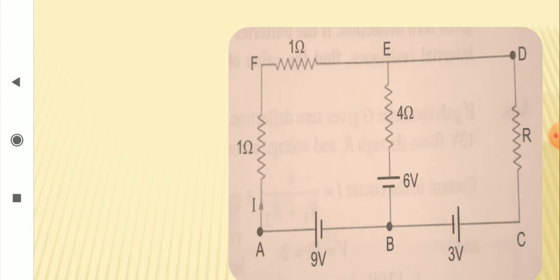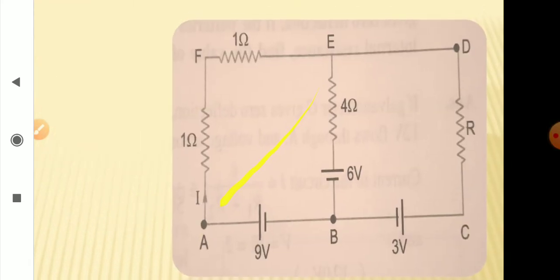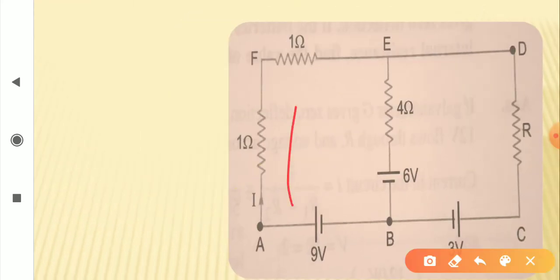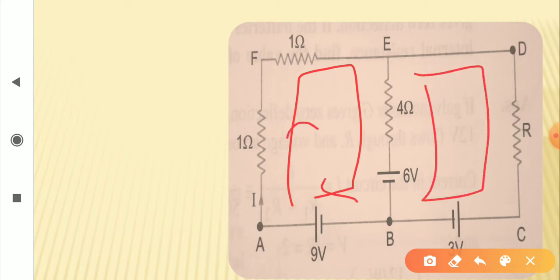Now we will apply Kirchhoff's rule along this path as well as along this path, right? One by one. So for this one, you see, positive, negative, positive, negative, positive, negative.